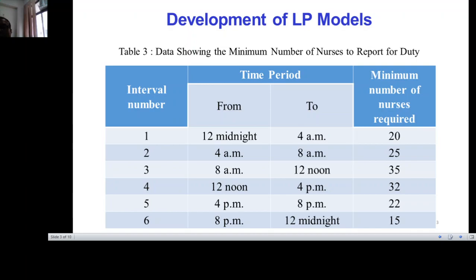So, between 4 am to 8 am, those who have arrived at 12 midnight will also stay, and those who have arrived at 4 am will also stay. So, this requirement is 20, this requirement is 25. So, what happens?